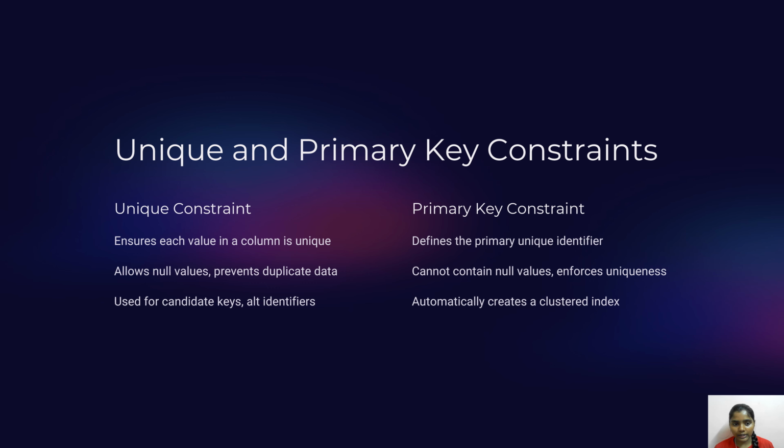Here is the description of primary key constraints. Defines the primary key, a unique identifier, cannot contain null values, enforces uniqueness, and automatically creates a clustered index. This is the description of unique and primary key constraints.